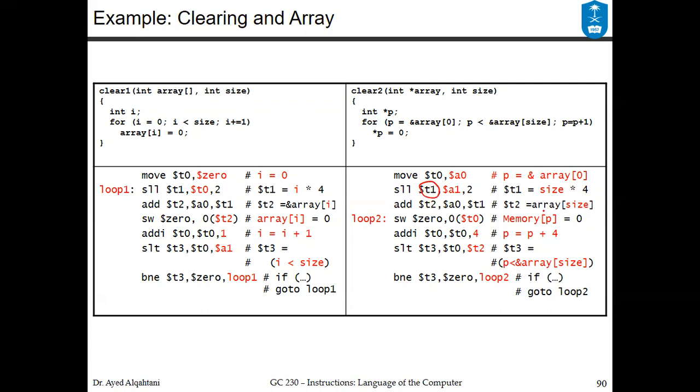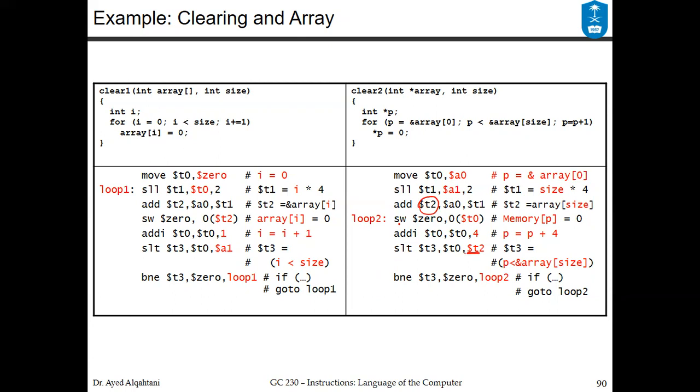And then we have the array of size, because we added the T1 to the base register A0, and now it's ready in T2. So when we want to compare, this T2 is ready. We don't have to do it inside the loop.